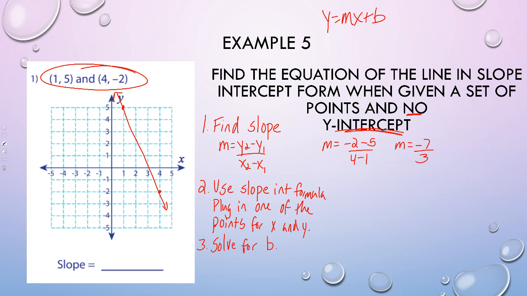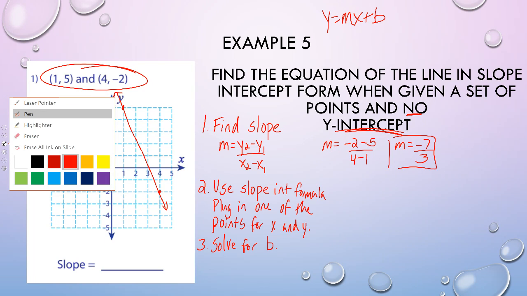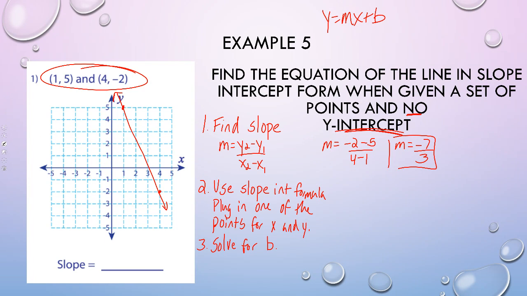So I found my slope right here. Now I'm going to use my equation, y equals mx plus b, and I'm going to pick one of my points. I'm going to pick this point because it's a little bit easier. So y equals m, which we know, negative 7/3, x plus b. And we have to solve for that b. How am I going to solve? I'm going to plug in my values of my point. I'm going to use the first point.